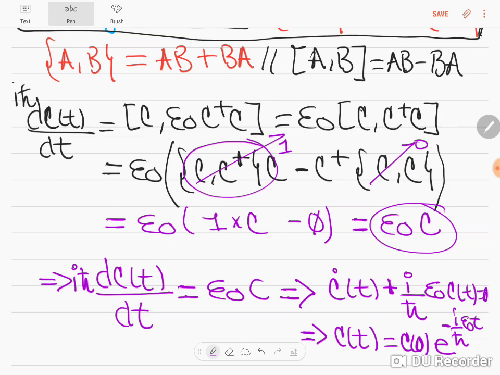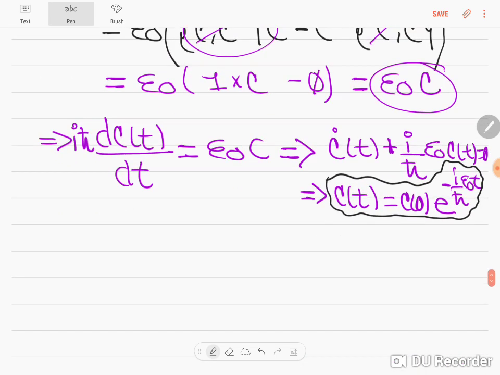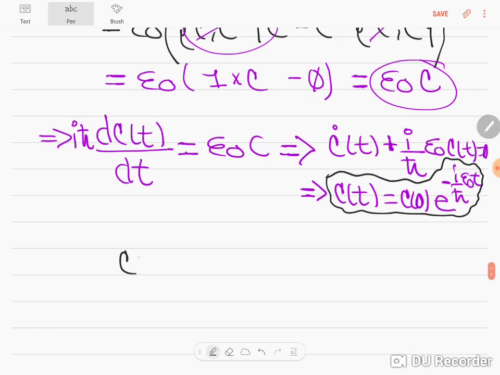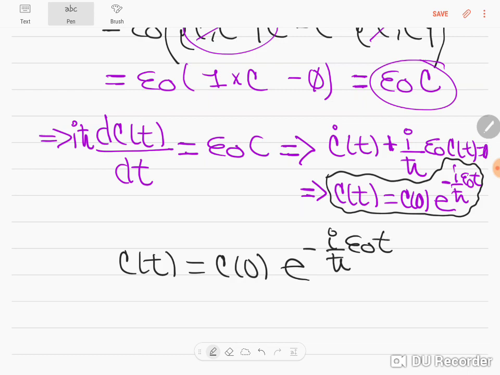Okay, let's highlight it in black here a little bit. This is the solution to the differential equation, but it's not only the solution, it gives us the time evolution of operator c of t, like that. And if we want the time evolution of operator c dagger of t, we just complex conjugate everything to the right, because that's what the dagger does.